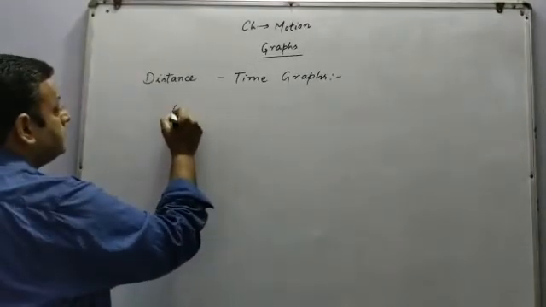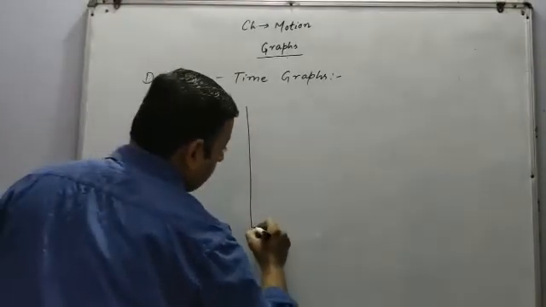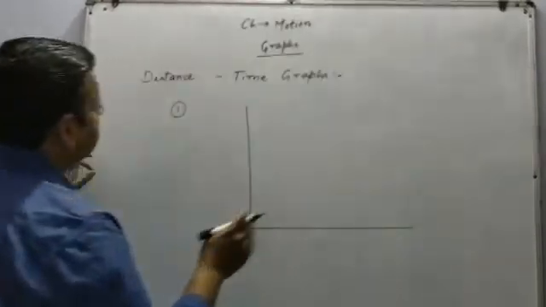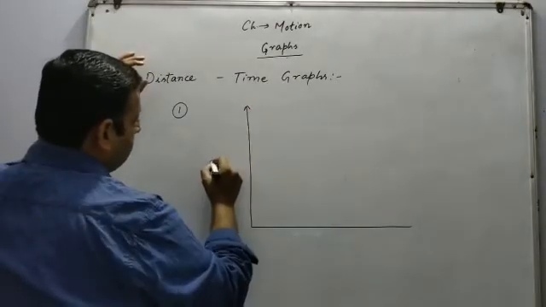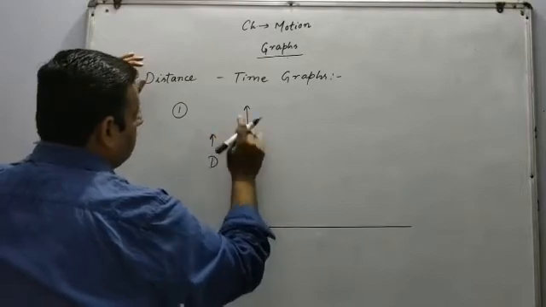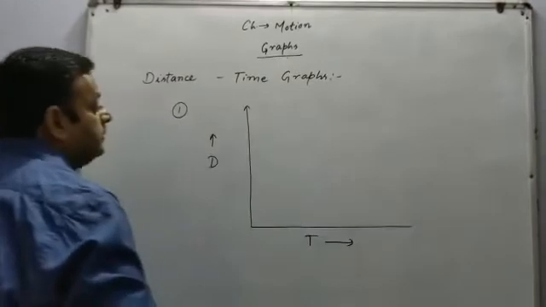Now the first type is here. In this graph, distance is to be taken on the y-axis and time is to be taken on the x-axis.